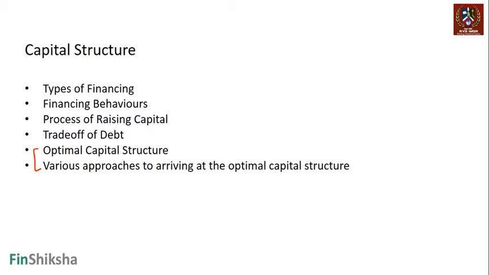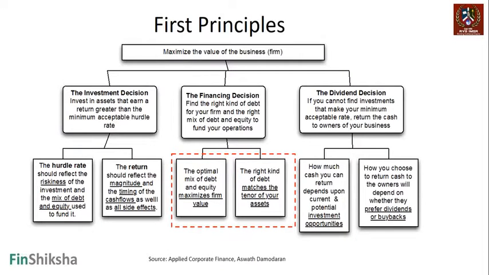So let's understand initially in terms of our principles as to we are now looking at the financing decision. We have already looked at the investment decision. Within the financing decision that will maximize the value of the firm, we want to find the optimal mix of debt and equity that maximizes firm value, and the right kind of debt that matches the tenor of our assets, right?